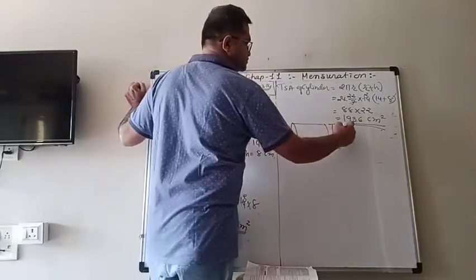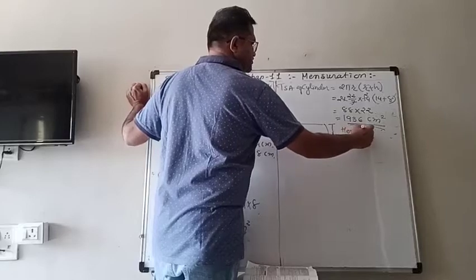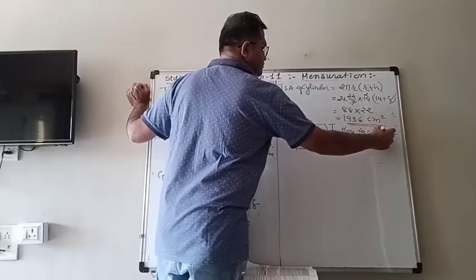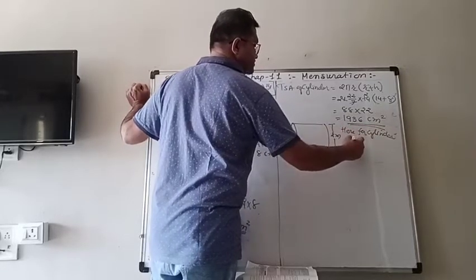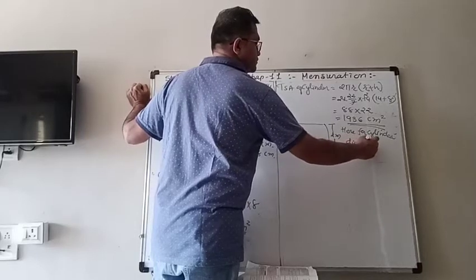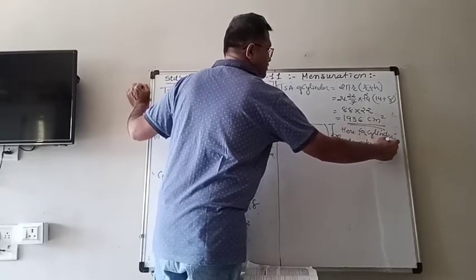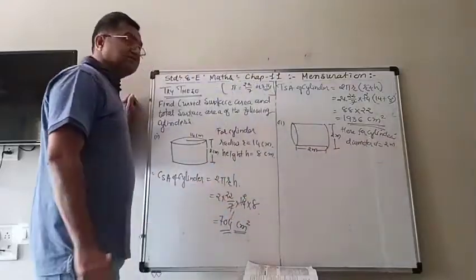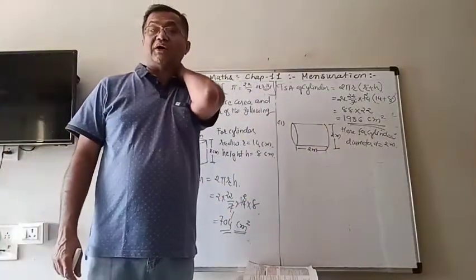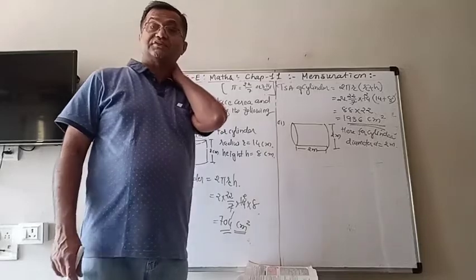So here for cylinder, diameter D is given. How much? 2 meter. So when diameter is given, first of all we have to find out the radius.